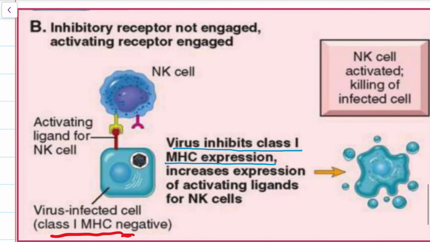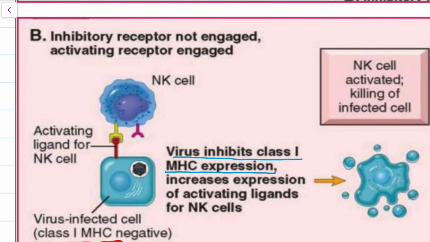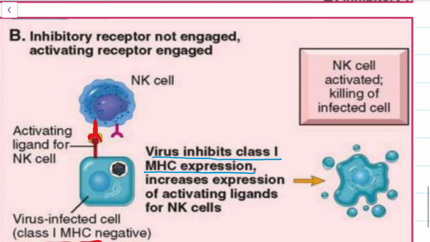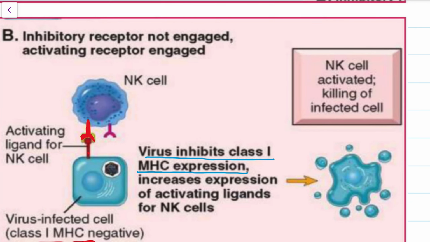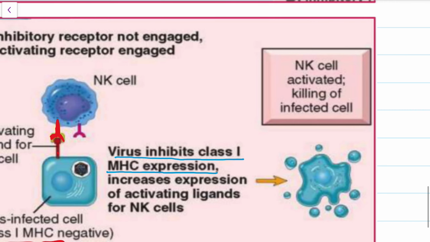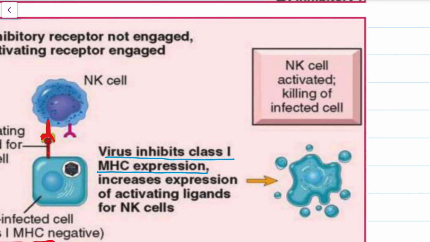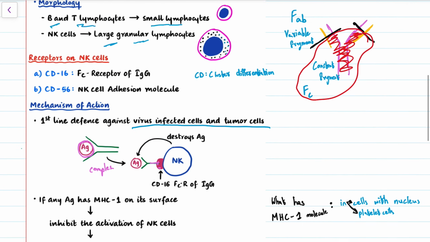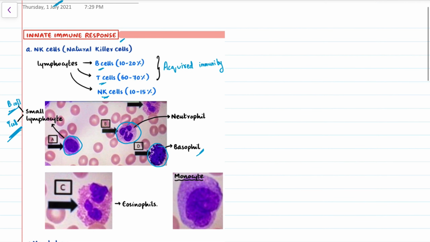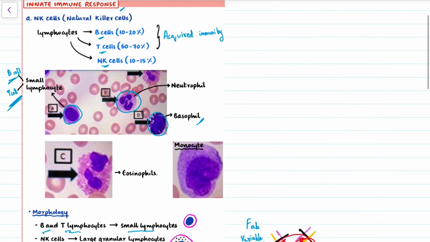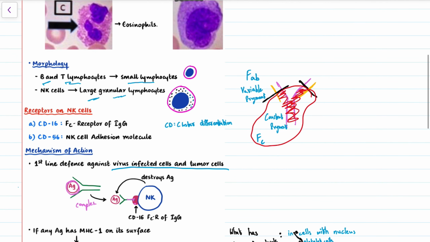So what happens is, the ligand present in that cell goes and binds with the activating receptor. So when the NK cell gets activated, there is expression of the NK cell's cytotoxic activity, and thereby it kills the infected cell. So this is how NK cells interact and kill virus affected cells.